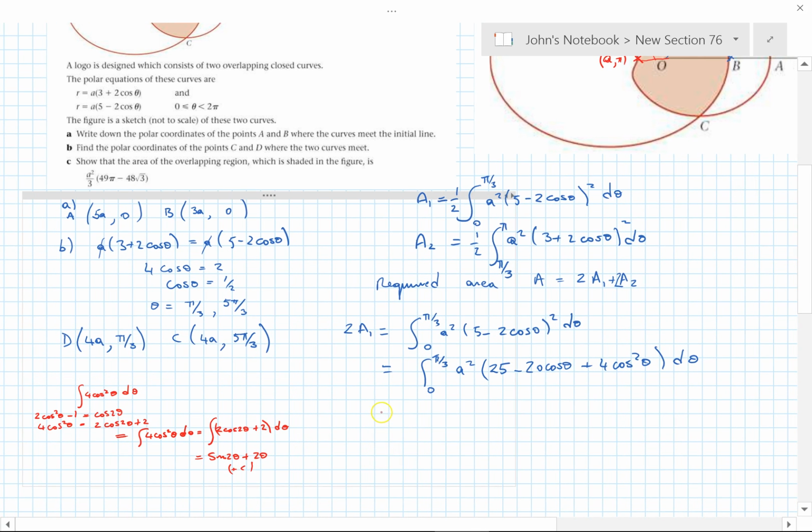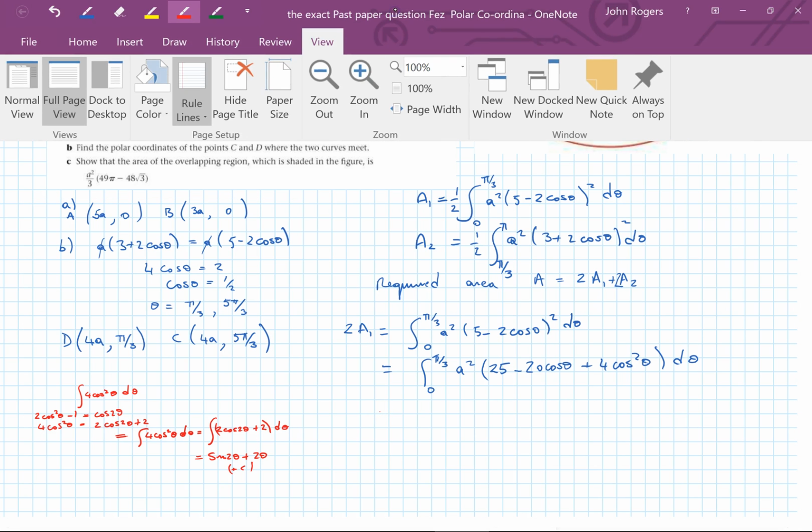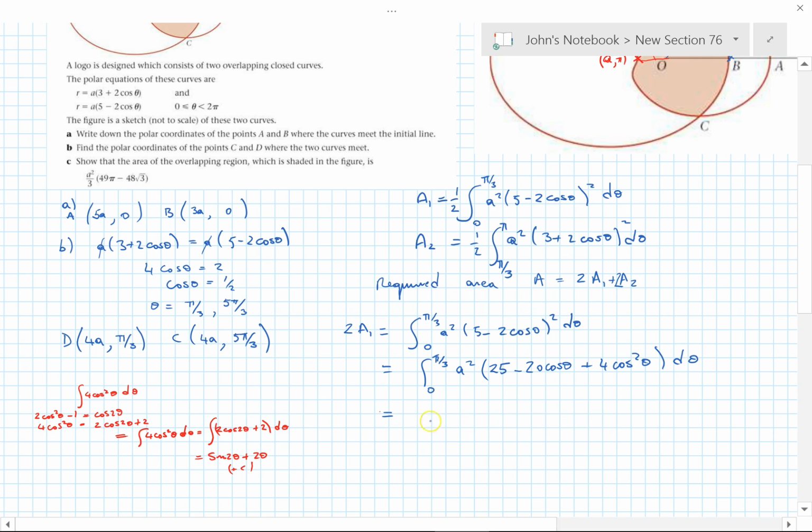Okay, so we have that equals, let's change colour back to blue, a squared, and then that's square bracket 25 theta minus 20 sine theta, and as I say, we've already integrated 4 cos squared theta here, so that's plus sine 2 theta plus 2 theta from pi by 3 to 0.